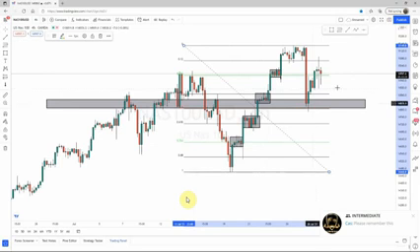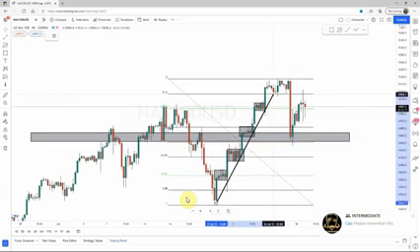We can now see price moving the same way, yeah. Perfect. 15,500, give or take. It's a profit.